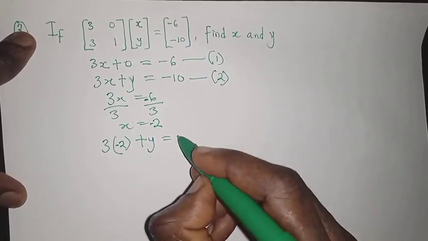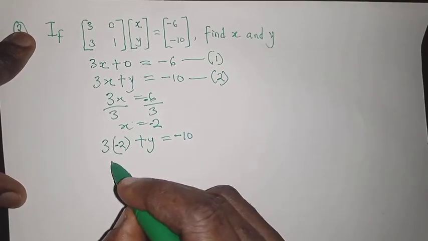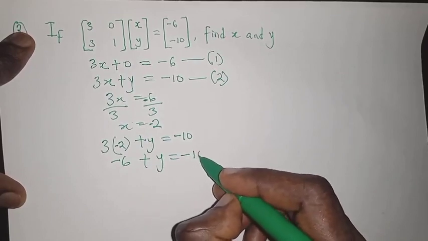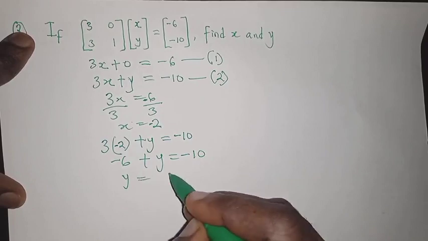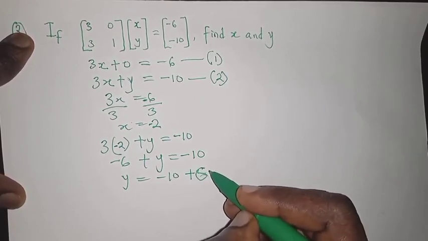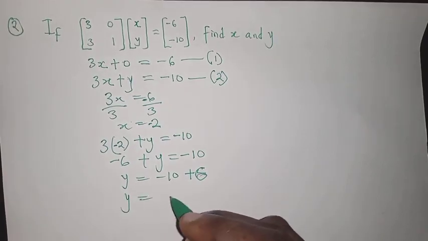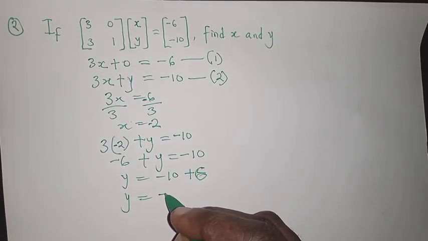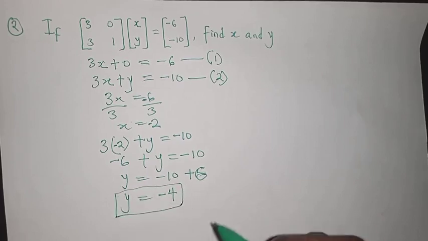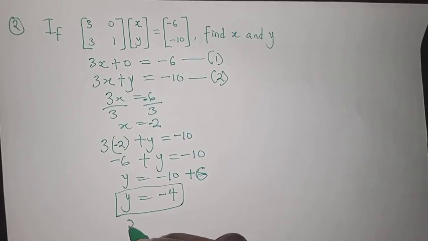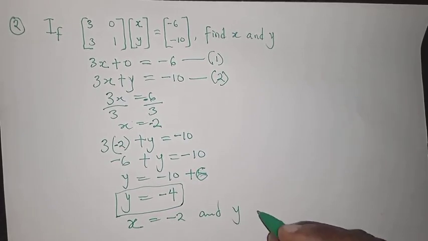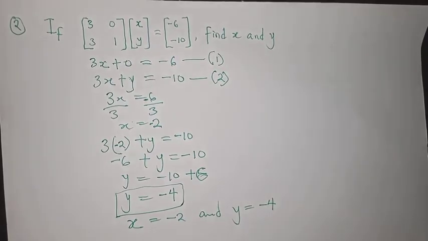So this is minus 6 plus y equals minus 10. So y is simply minus 10 plus 6. And that gives me y equals minus 4. So that is the answer. x equals minus 2 and y equals minus 4.